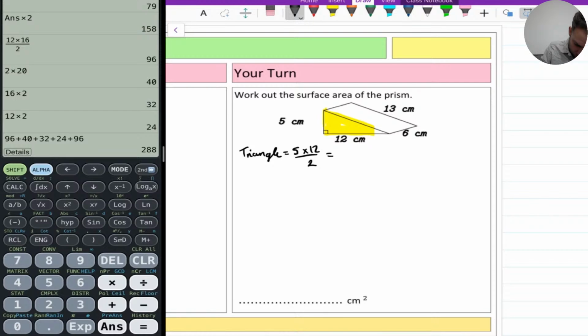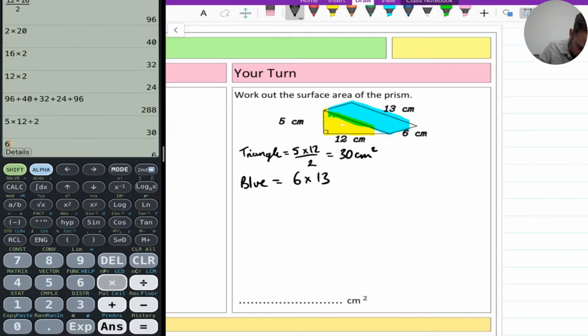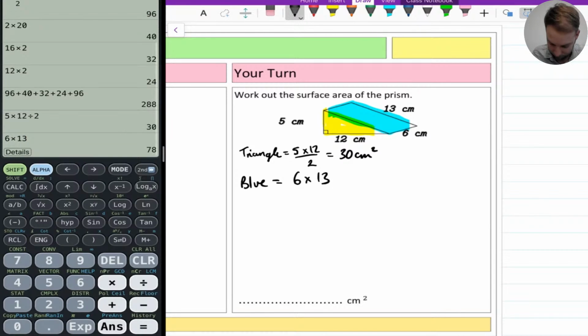Probably should have done it as a fraction, but that's fine. That's 30 centimetres squared. Then I've got the blue top part, which is this one here. So the blue, which is equal to 6 times by 13, which is equal to 78 centimetres squared.